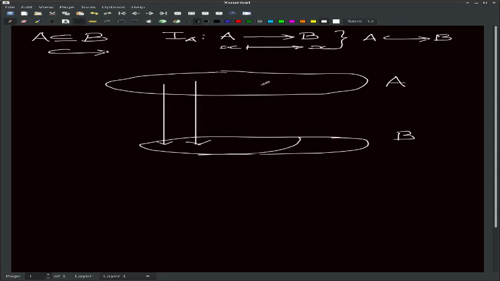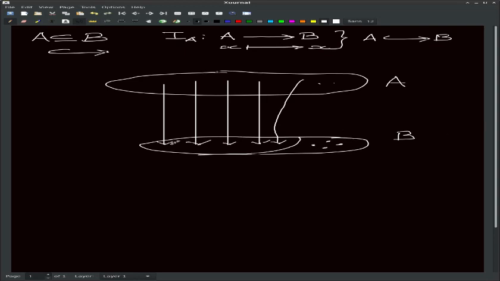Distinct points of A are exactly taken to distinct points of B, and so on. But no other point over here has a pre-image. Do you get the stock diagram? Yeah, it looks like a stock diagram. So this is the stock diagram of any inclusion.